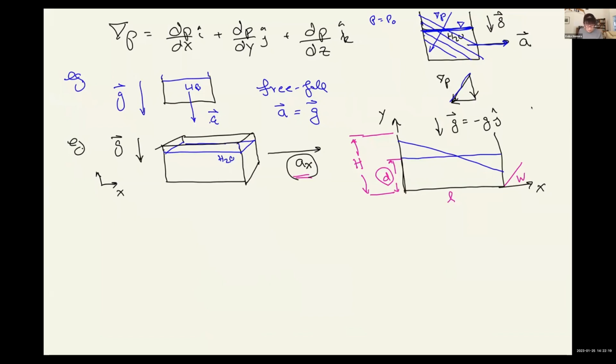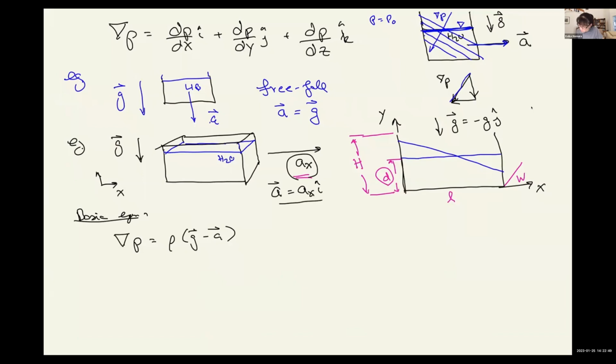Okay, so now we apply our basic equation. So the basic equation is grad P is equal to rho (g minus a). And for this particular problem, a is equal to a_x i.